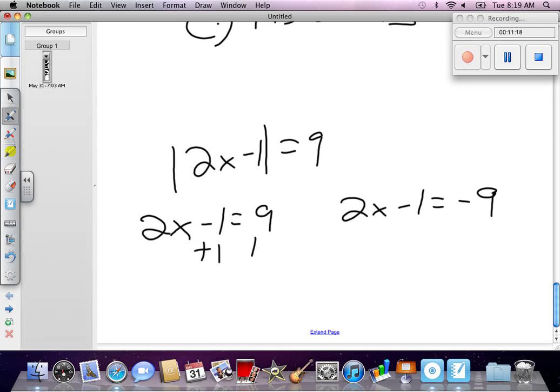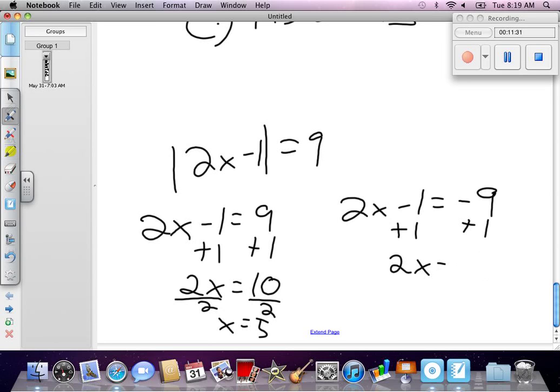So yeah, you would start by adding 1, and you get 2x equals 10, and dividing by 2, you get x equals 5. But you've still got the other side. We add 1, we get 2x equals negative 8, divide by 2, and x equals negative 4. So the one that has 5 and negative 4 would be C.